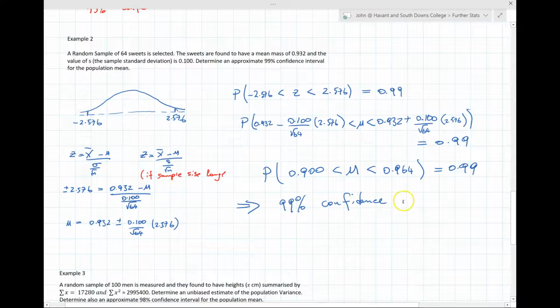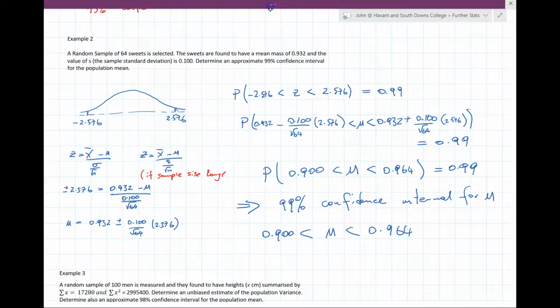for mu, the population mean. Do make the conclusion, don't just write a load of numbers and not conclude, as too many students do.